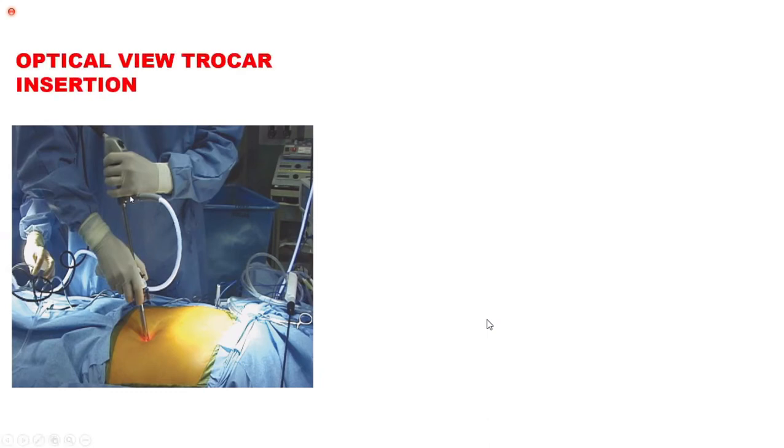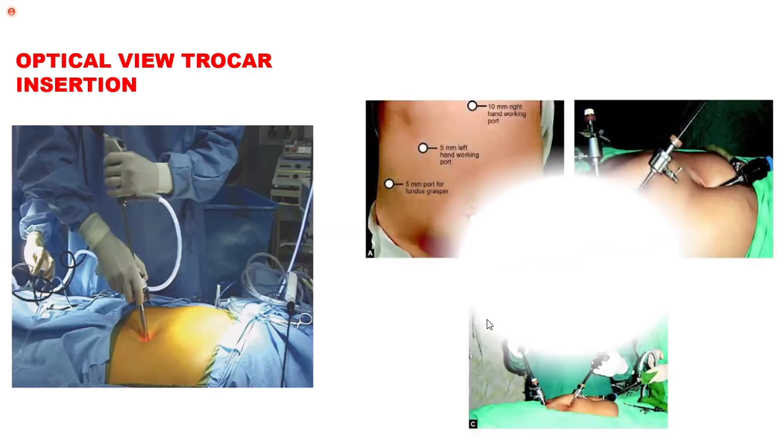So they introduce a small camera with an optical light, and then they can see the various layers going through. So this is much safer. Under vision, they can see the skin, then the subcutaneous tissue, then the rectus sheath, the muscle, whatever they are piercing, they will be able to watch it from the camera and it will be displayed in the monitor. This is the newer method to avoid unnecessary injury. So this is called optical view trocar.